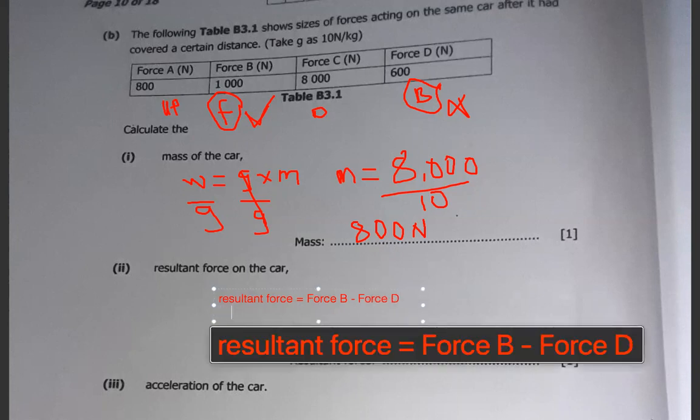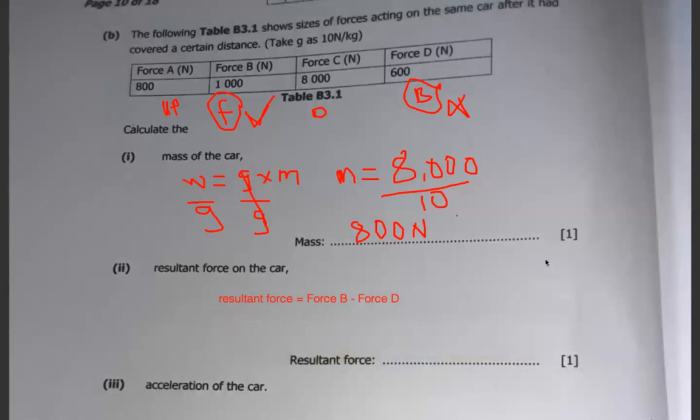And then our force B is 1000 newtons minus the backward force, which is 600 newtons, and the answer when you subtract is 400 newtons.